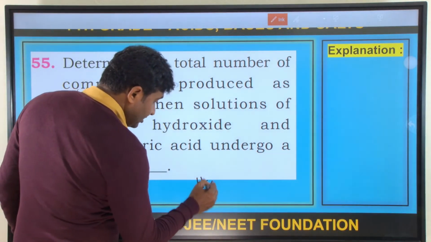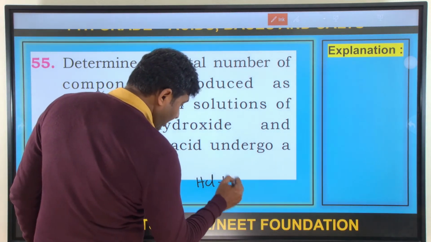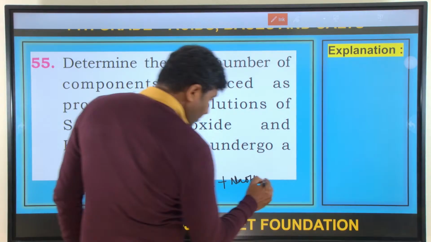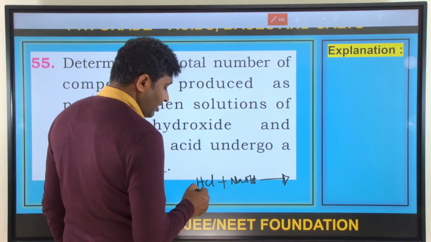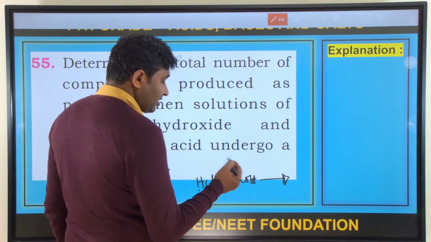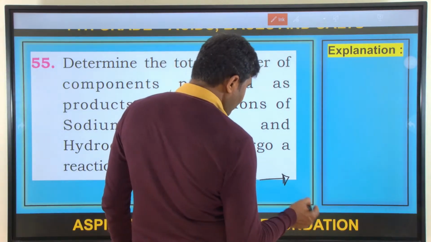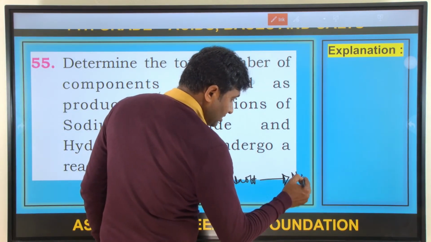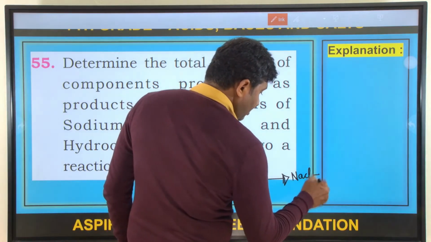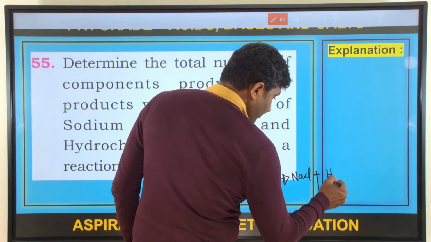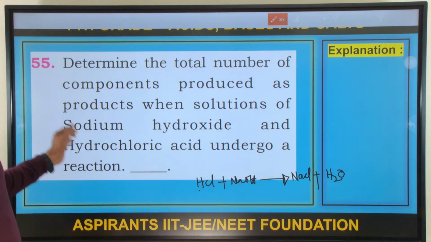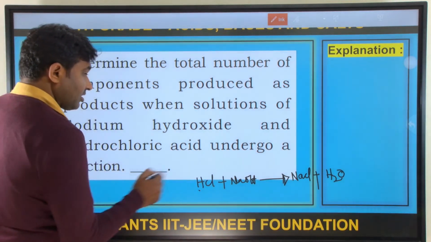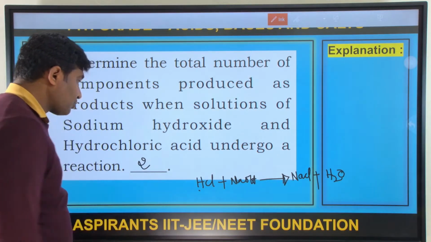Sodium hydroxide is the base, hydrochloric acid is the acid. When an acid is treated with a base, a neutral compound, salt, and water are produced. That salt is NaCl, and the other neutral compound is water. So how many new compounds are produced? 2 new compounds: sodium chloride and water. So the answer is 2.